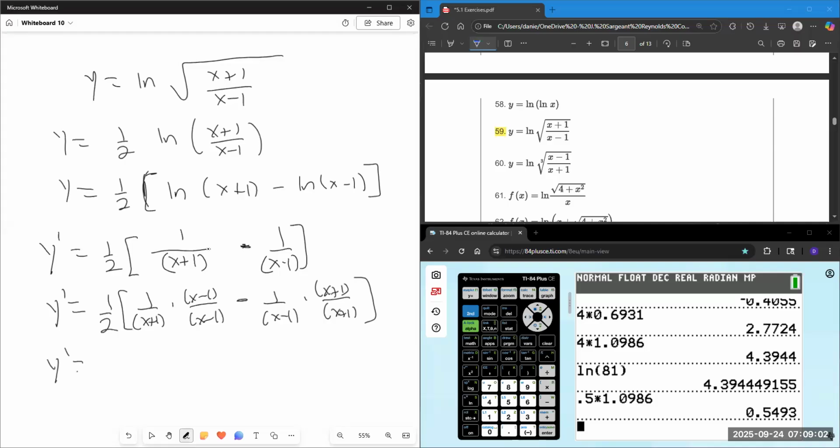Y prime is 1/2 of x minus 1 minus x plus 1, over x plus 1 times x minus 1. If you want to write that as x squared minus 1, you can. I'm going to go ahead and do that. Equal to 1/2 of x minus 1 minus x minus 1 over x squared minus 1.